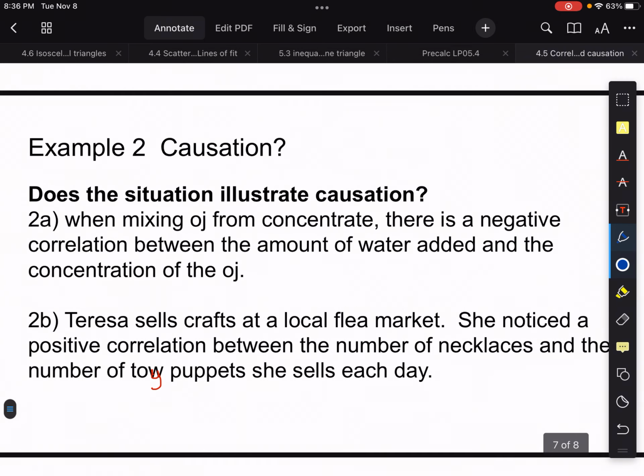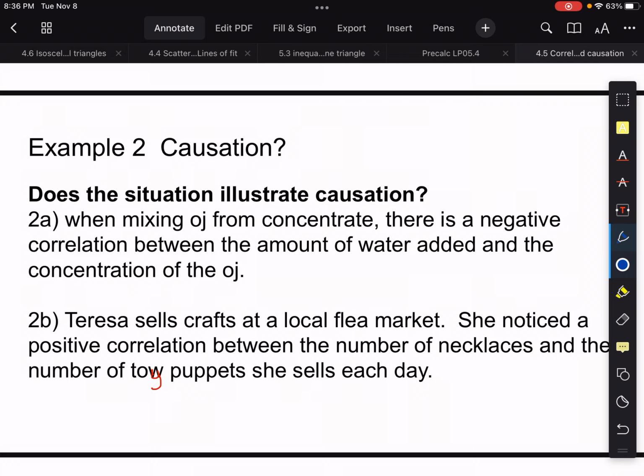Okay. Example 2, they don't have you graph here. They're just asking you questions about causation. This is the last example, and this is a very short lesson, so you should have plenty of time to finish your homework in class. Example 2 says, does the situation illustrate causation? When mixing OJ from concentrate, there is a negative correlation between the amount of water added and the concentration of the orange juice.